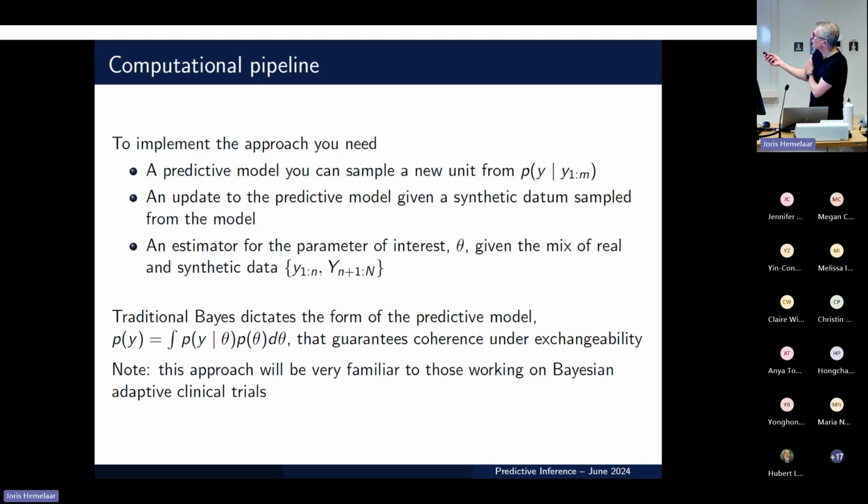For people who work on Bayesian adaptive clinical trials, this will be very familiar territory. Like early stopping, what's the probability? You run your simulation forward and look at what would happen at the end of the trial. What we're seeing is that traditional Bayesian inference is no different. It just keeps going. There's no end to the trial.